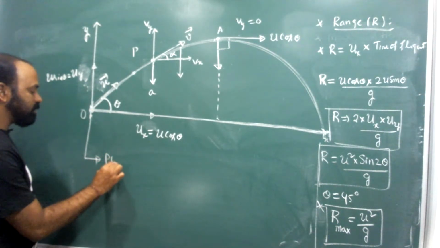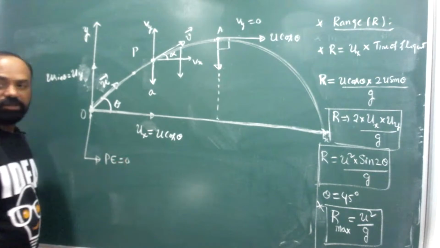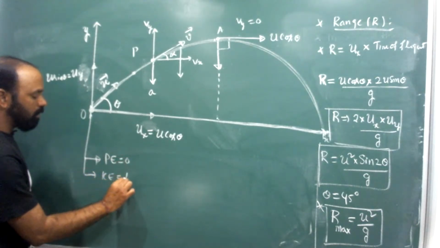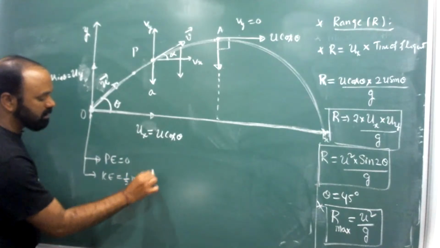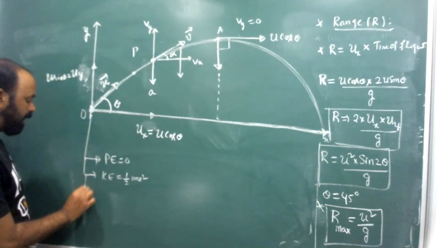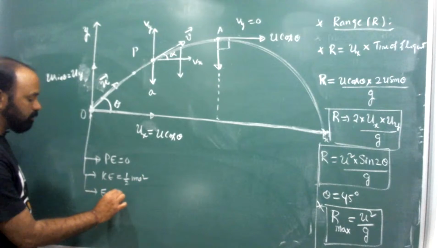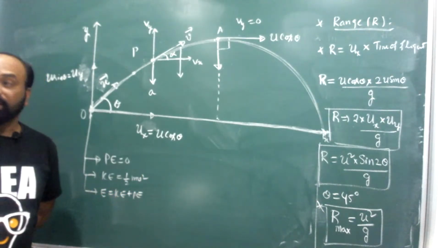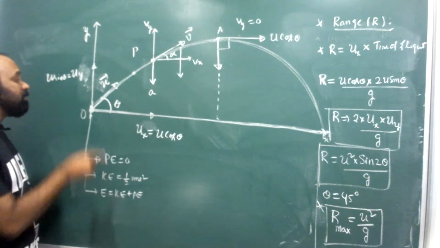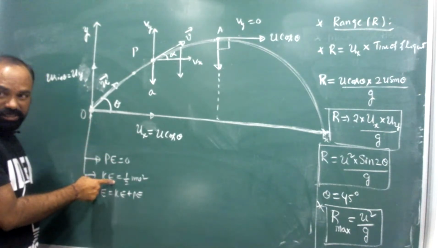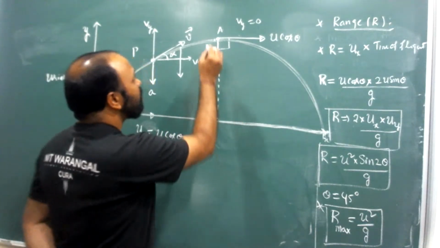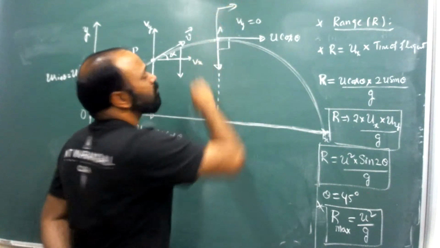Potential energy is equal to 0. Kinetic energy equals half mv square. So total mechanical energy E equals KE plus PE. At the point of projection, total energy is in the form of kinetic energy. Is it clear?